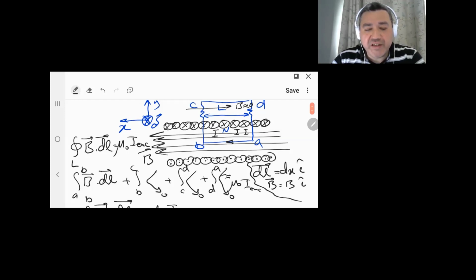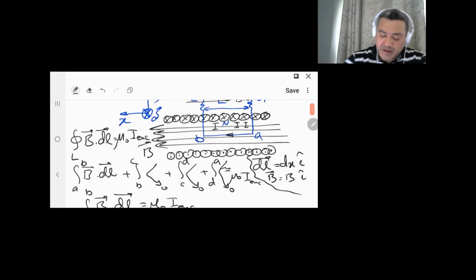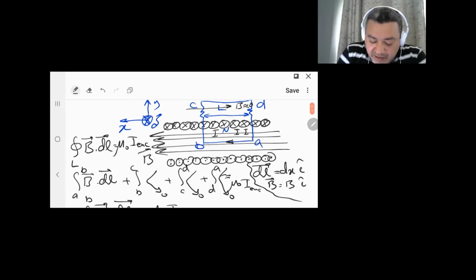The small n is the number of turns per unit length. Now, this L is capturing an N, a capital N number of turns, right?